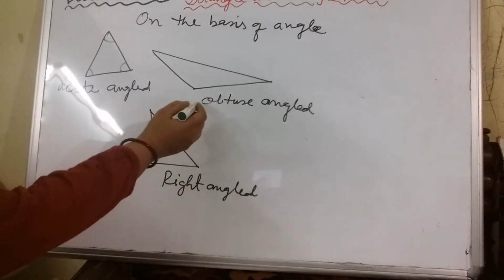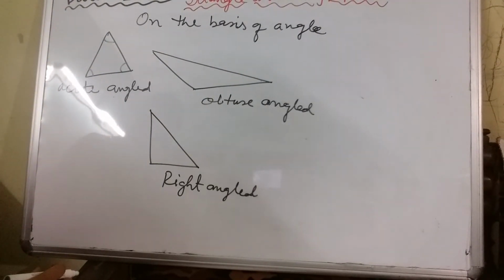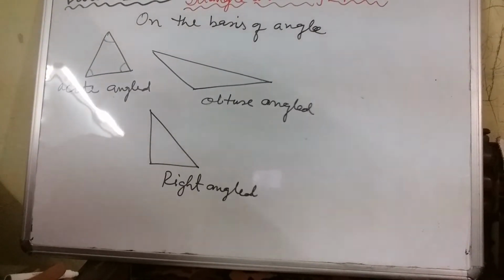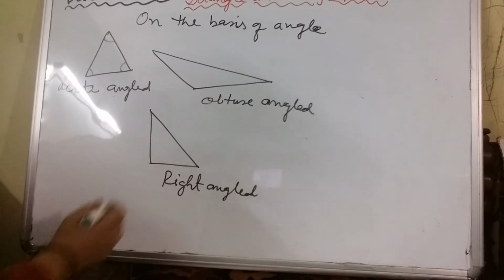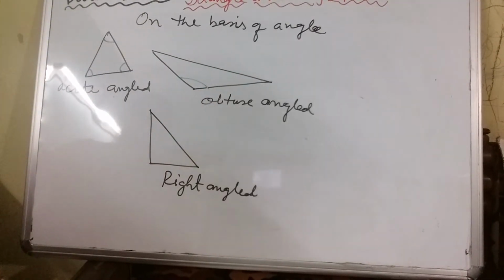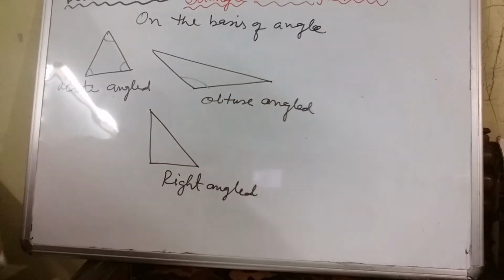If any one of the three angles of a triangle is an obtuse angle, that triangle will be called an obtuse angle triangle. You can see here, this angle is an obtuse one. This triangle will be called an obtuse angle triangle.